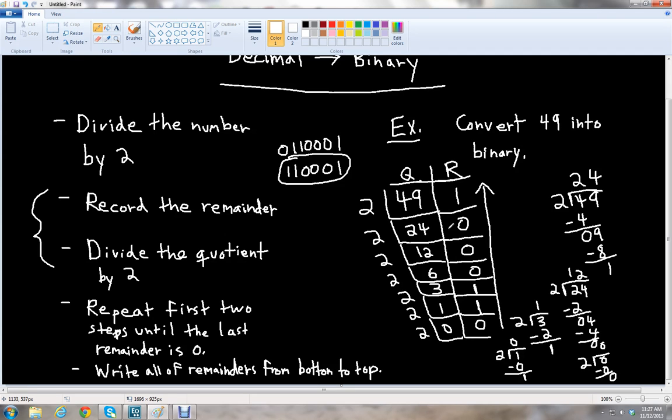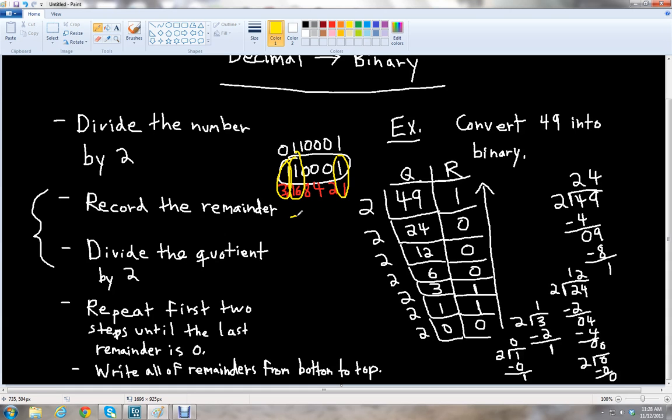And of course, the way to check that is just to go through the powers of 2. So you have 1, 2, 4, 8, 16, 32. And then notice that the ones with ones, we only count, right? We have 3 ones we need to count.